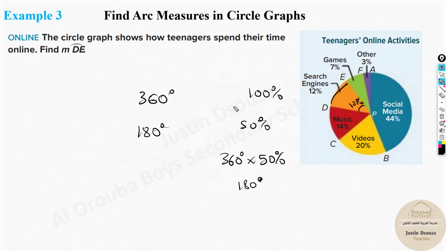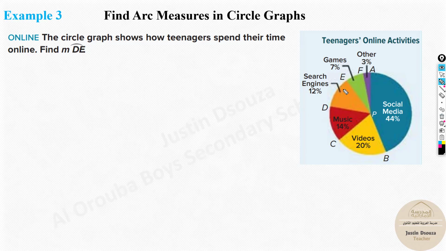In the same way, you multiply the percentage with the total, not with this directly, and you will get whatever angle you need. So here, 12% is required, that is DE, multiplied by 360 degrees.